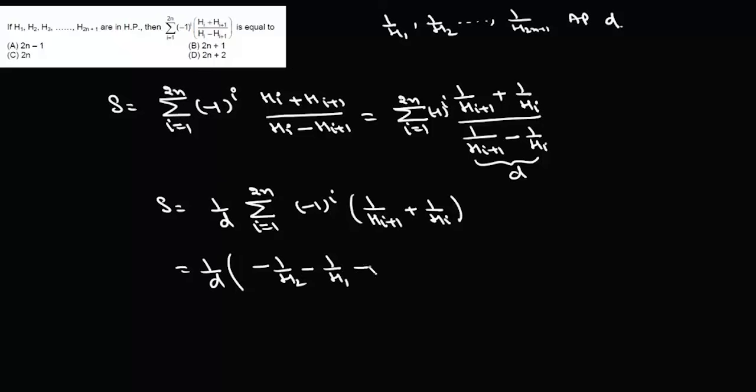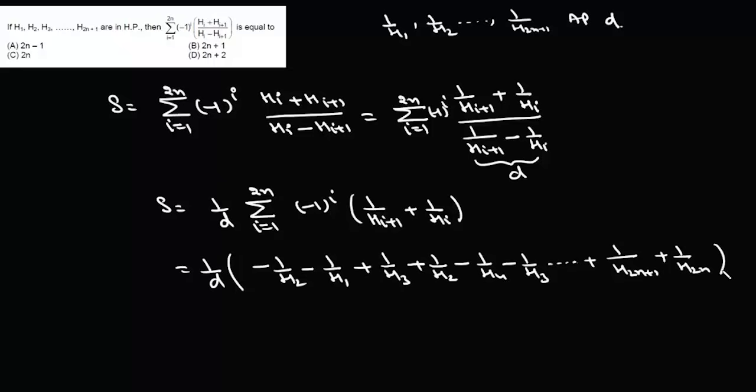And then for i equals 2, it will be plus, so it will be 1 upon h_3 plus 1 upon h_2, and then minus 1 upon h_4 minus 1 upon h_3, and in the end we'll have plus 1 upon h_(2n+1) plus 1 upon h_2n. Now h_2 will cancel, h_3 will cancel, all these successive terms they'll cancel.